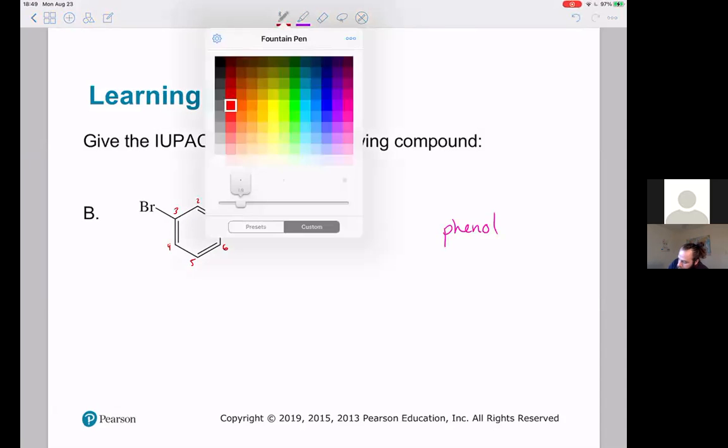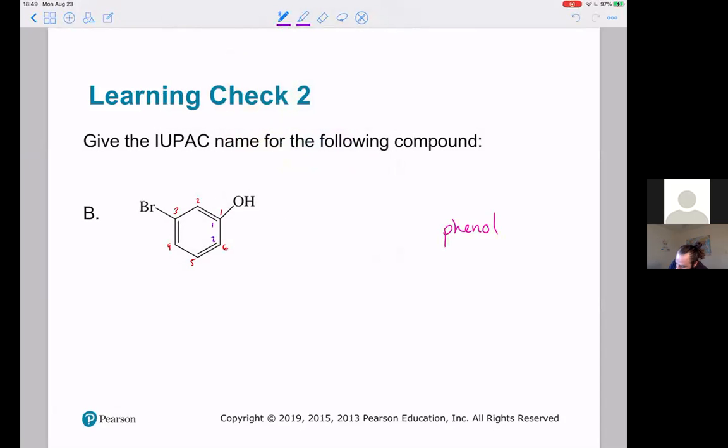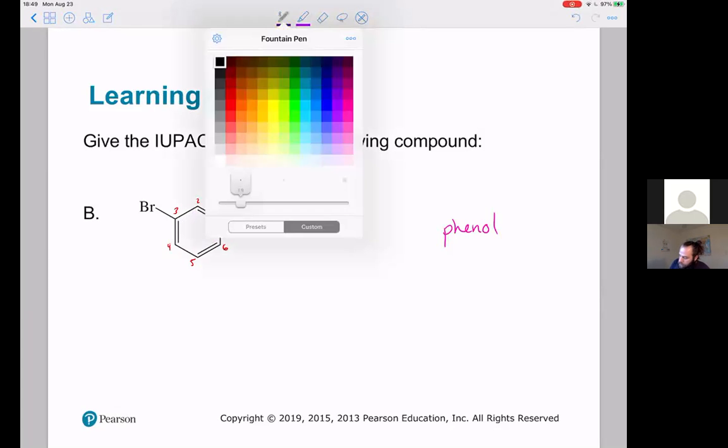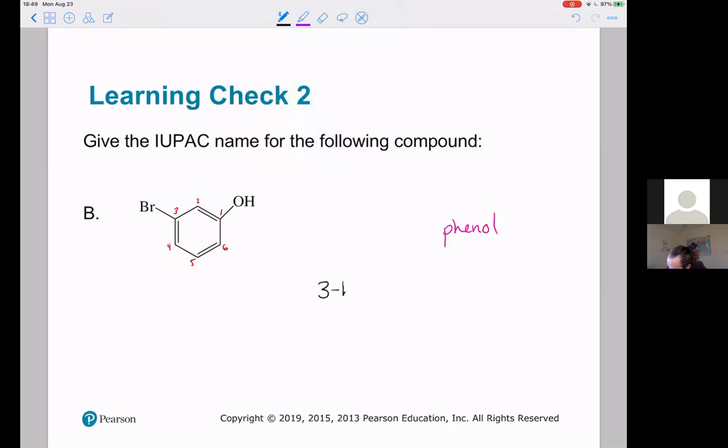And then we could go the other way too, just to be sure. 1, 2, 3, 4, 5, 6. So which numbering scheme are we going to choose, red or purple? Again, the whole name of the game is using the lowest possible numbers. So in this case, the red is what's going to be our correct nomenclature scheme. So this would be 3-bromophenol.